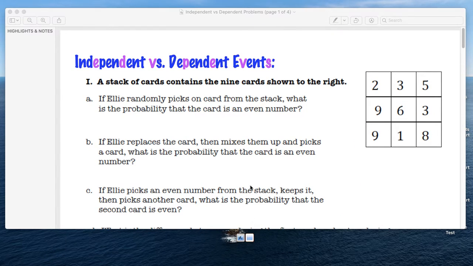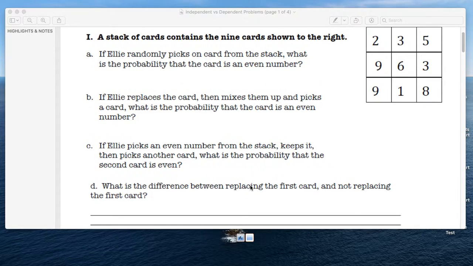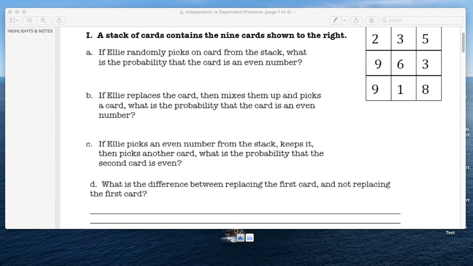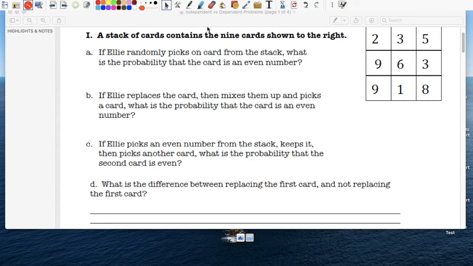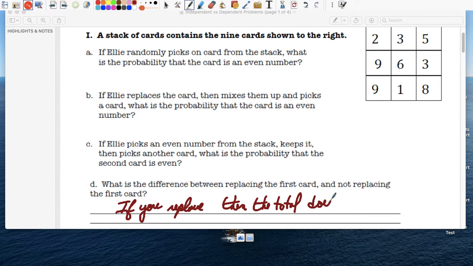So what's the difference between replacing the first card and not replacing it? If you replace, then the total does not change. Right? Actually nothing changes, right? If you replace it.